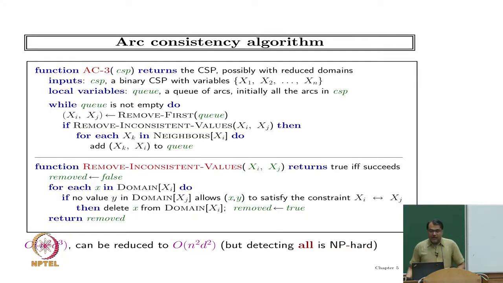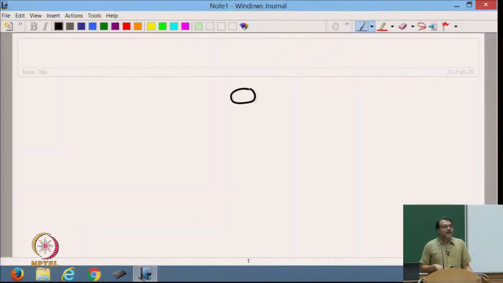One question you should ask is, will this solve all problems? Can you come up with a problem where arc consistency is not sufficient? Somebody? Okay, so let us look at this very simple problem.